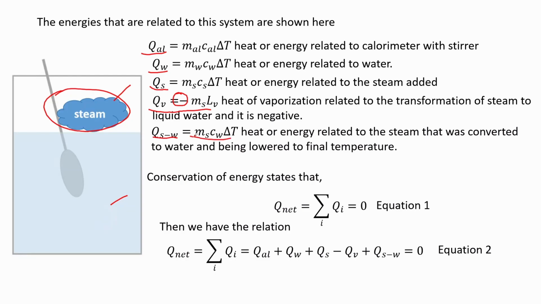So by conservation of energy, which states that the sum of all of this energy must be equal to 0, then we can relate all of them by this expression 2 here. So you have Q from the aluminum, Q from the water, Q from the steam, minus QV, the transformation part of steam into water, and the transformed water being moved towards the final temperature.